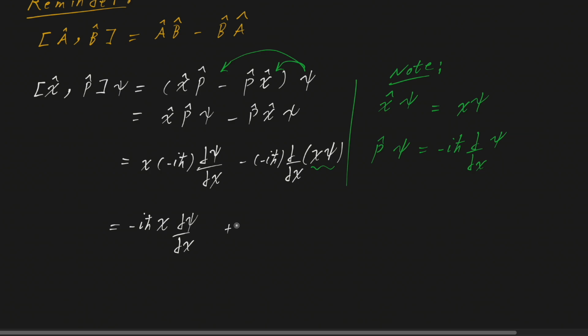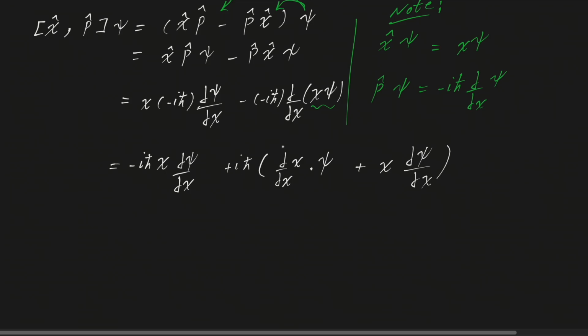So we'll get plus i h bar times the derivative of x with respect to x multiplied by psi, plus x multiplied by the derivative of psi with respect to x. And we just distribute the i h bar on both.